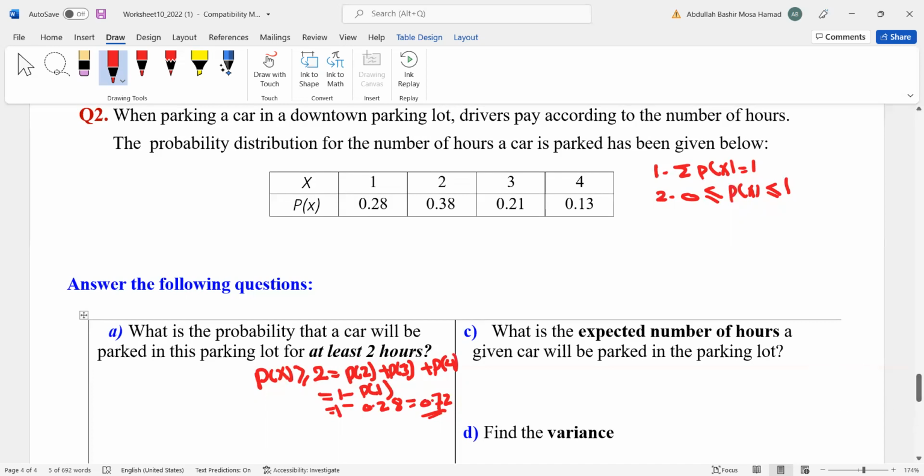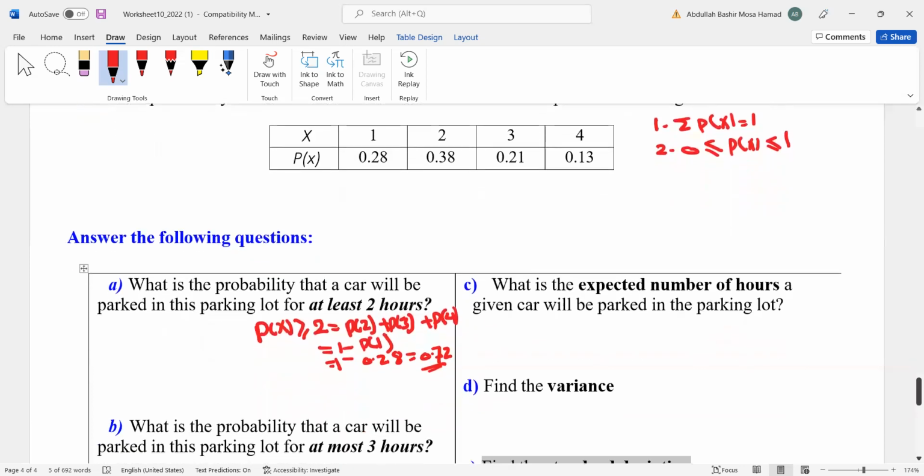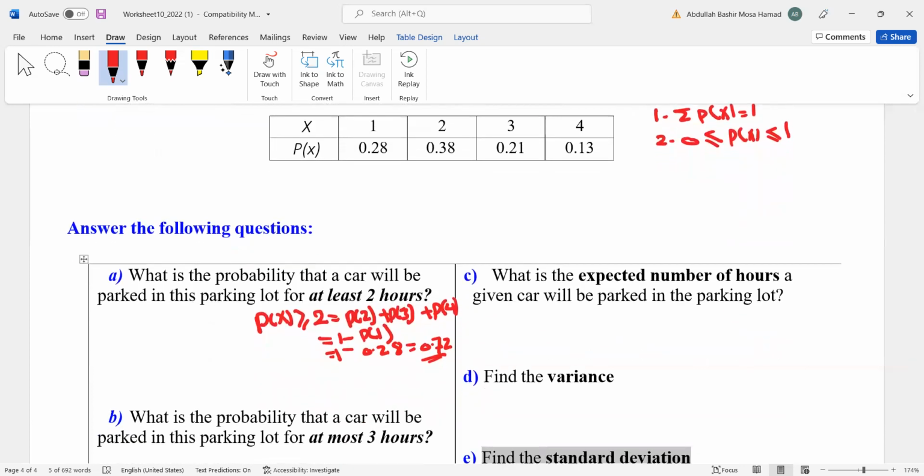B, let's see B. What is the probability that a car will be parked in this lot for at most 3 hours? At most 3 hours means less than or equal to 3 hours, P of X less than or equal to 3, which means P of 1 plus P of 2 plus P of 3.